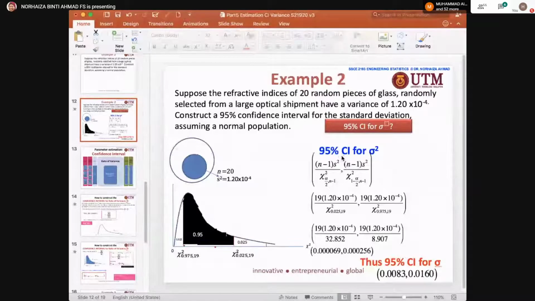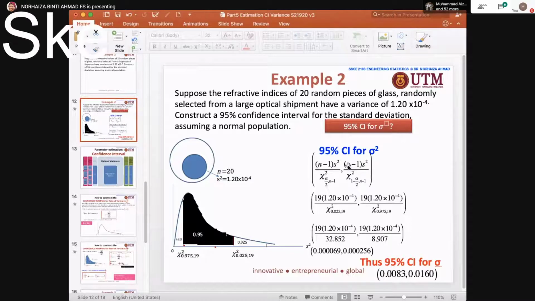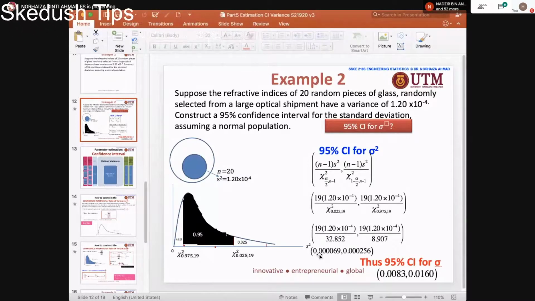Confidence interval is essentially a range of values from this point to this point. But when you calculate the confidence interval, you are getting the limits. So this is essentially a value, and this is a value. But the confidence interval is the whole range of values from, for example, 0.0069 up to 0.0256.